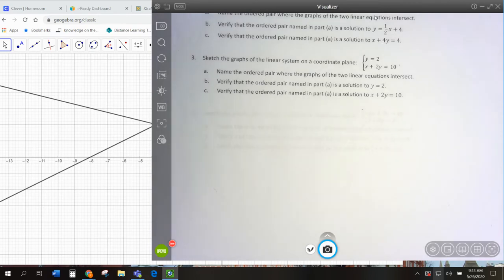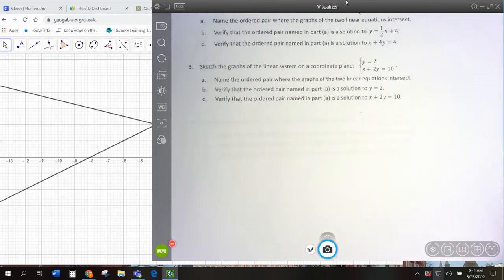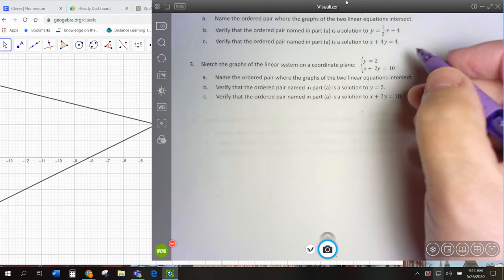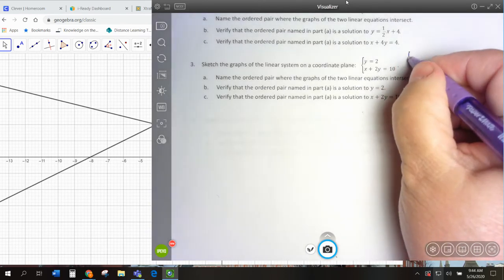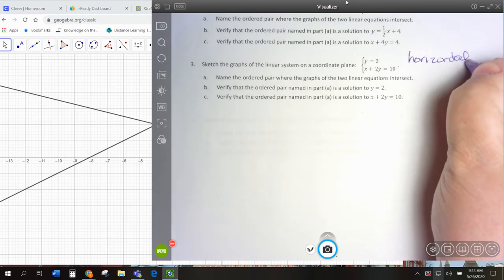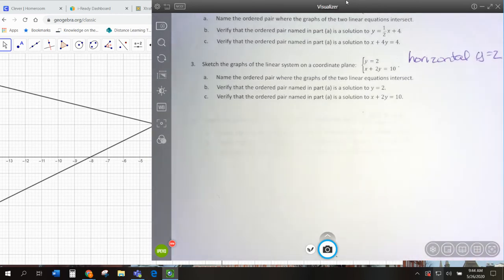Okay, so we have a system of equations. Y equals 2. So this is going to be a horizontal line, isn't it? Y is always going to equal 2. And let's do this one.